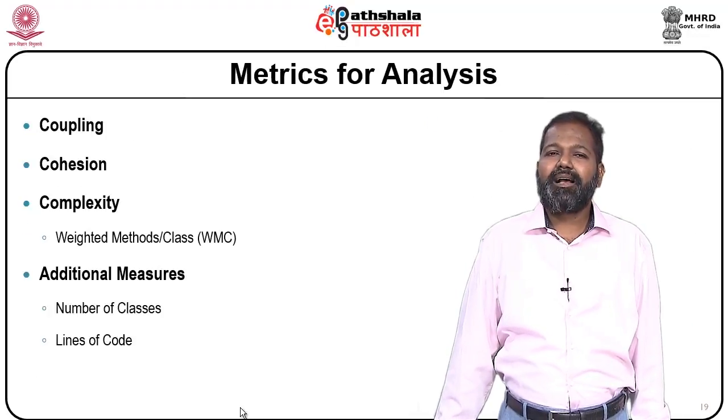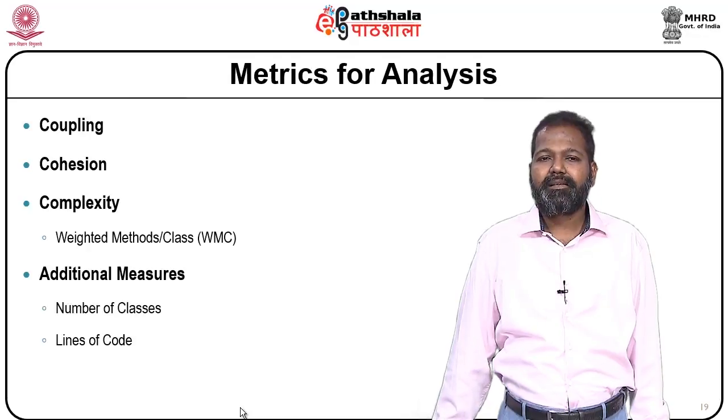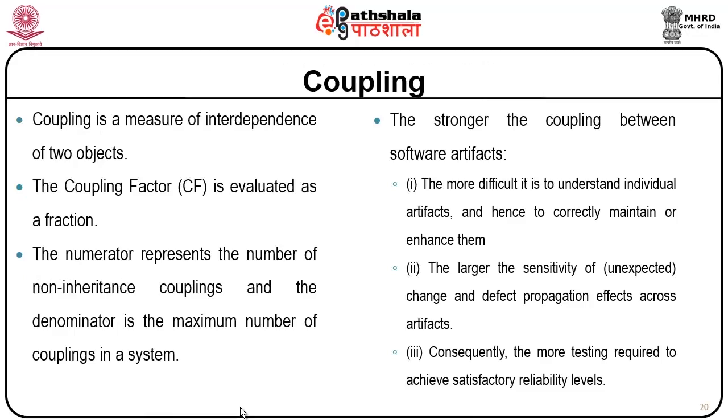Metrics for analysis: coupling, cohesion, complexity, weighted methods per class, additional measures, number of classes, lines of code. Coupling is a measure of interdependence of two objects. The coupling factor is evaluated as a fraction. The numerator represents the number of non-inheritance couplings and the denominator is the maximum number of couplings in a system.